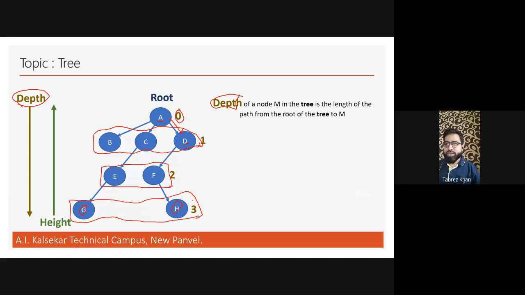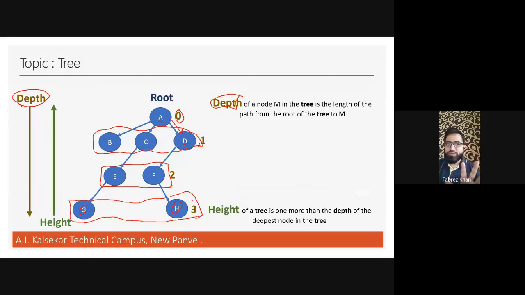So the depth of my tree in this example is 3, which is also the depth of the leaf nodes G and H. They have the longest path in the tree, a path with a value of 3. So the depth of my tree becomes 3.